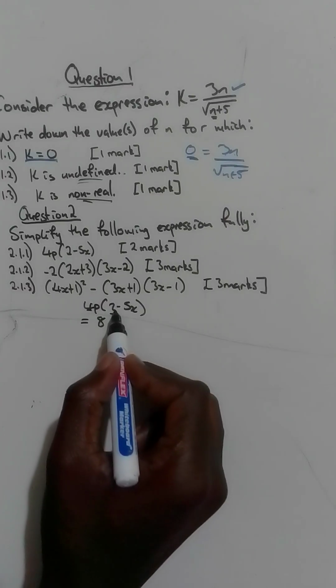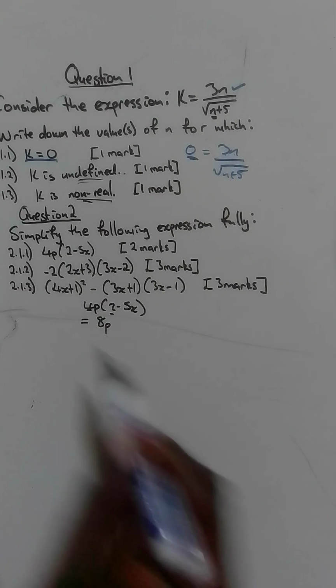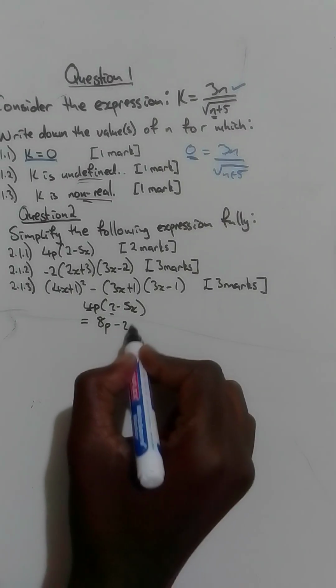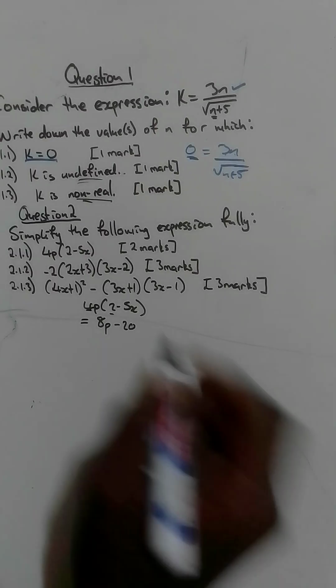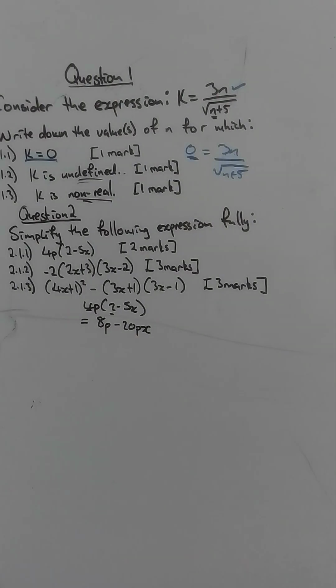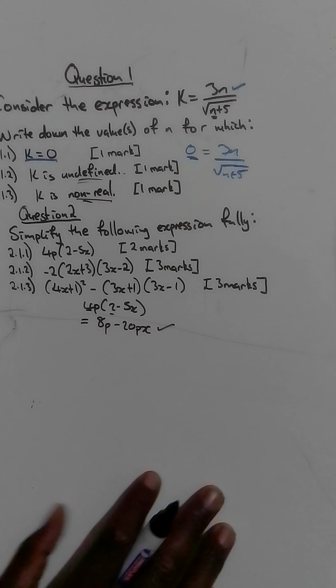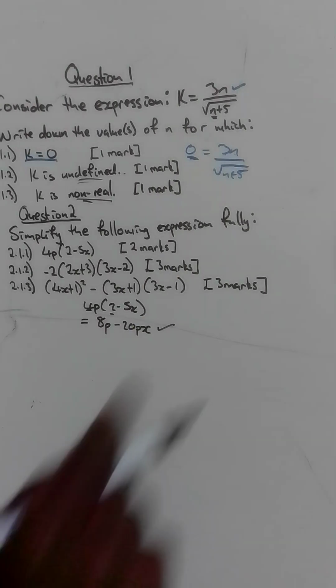I have p, there is no letter, so I just write p as is. Now positive multiplied by negative is a negative. 4 multiplied by 5 gives you 20. Then we've got p and x. They are like terms, so they come down as px. And just like that, we are done expressing our algebraic expression. Then we get our 2 marks.